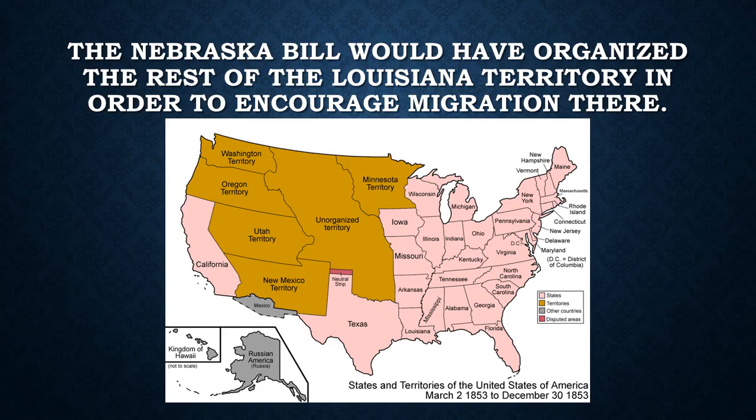So the purpose of the Nebraska Bill was to move this unorganized territory to an organized territory, thereby providing security for it. This would encourage migration, and with more Americans living here, it would be easier to build a transcontinental railroad. So that's what the Nebraska Bill was all about.